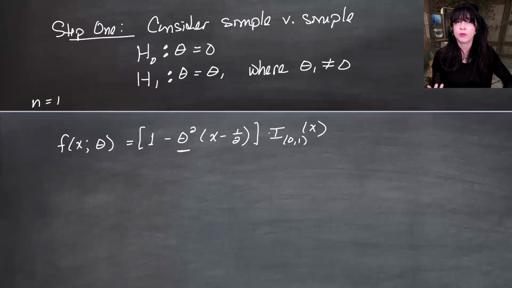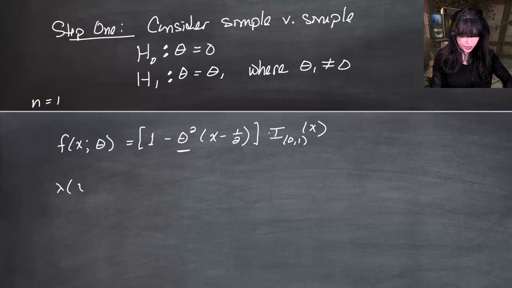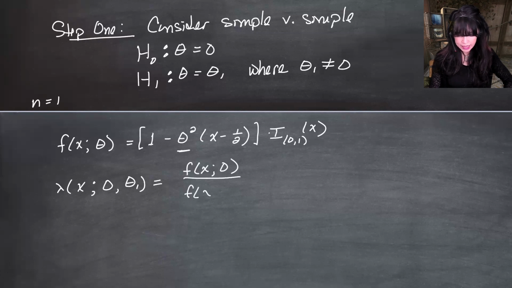To use the Neyman-Pearson lemma, we want to make the likelihood ratio. We've been calling this lambda. Usually I have a whole vector of x's here, but there's only one x. Then we have the null hypothesis parameter, which is 0, and the alternate hypothesis parameter, which is theta 1. This is going to be f of x and 0 over f of x and theta 1.